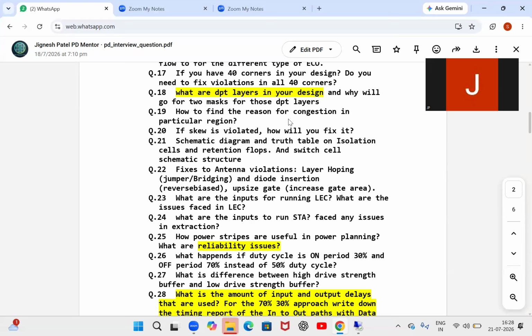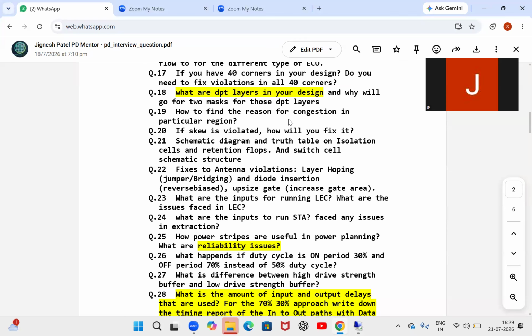So which cell will have higher power? In the low drive buffer, we have lower leakage power. And what about the other power? Dynamic power also will be low. Dynamic and leakage power will be low in the lower drive cells. So total power consumption will be less in low drive cells. Yes, correct.